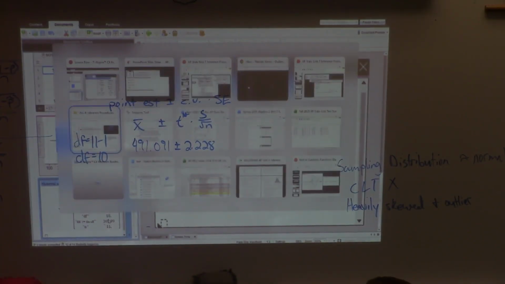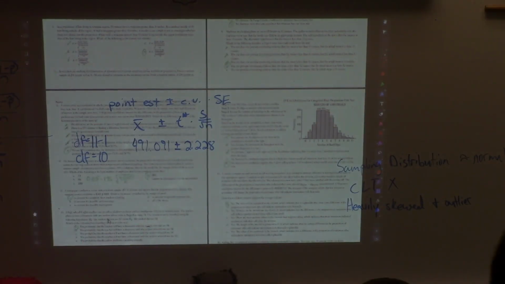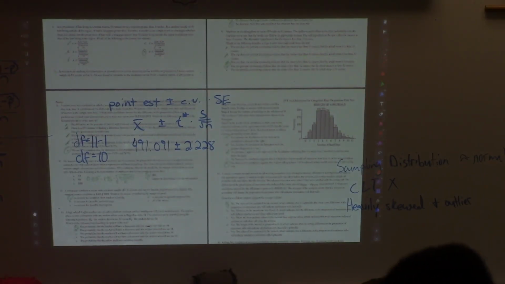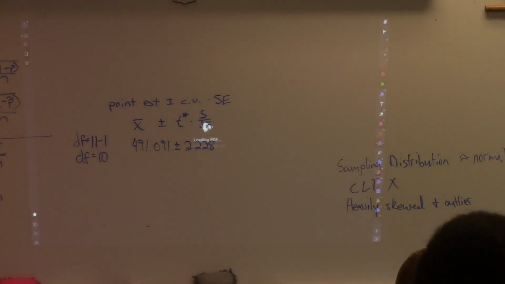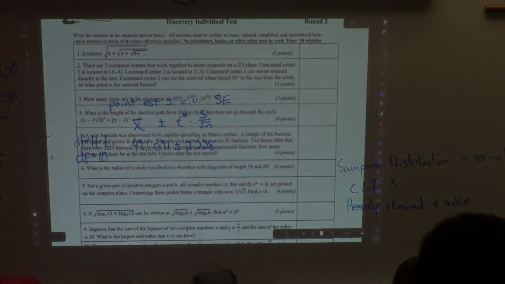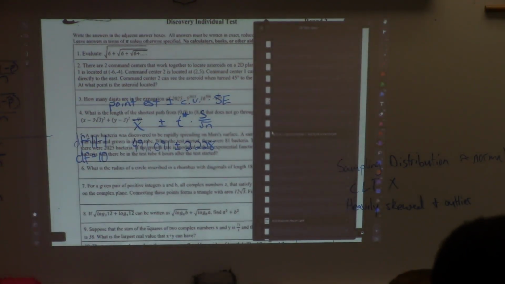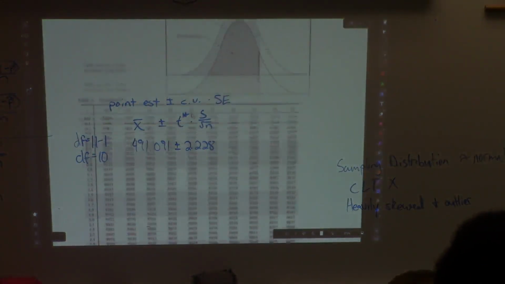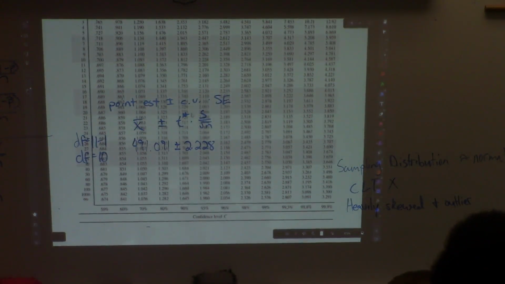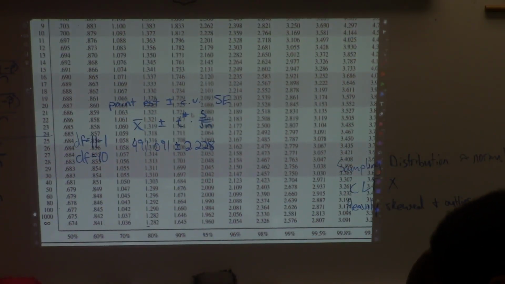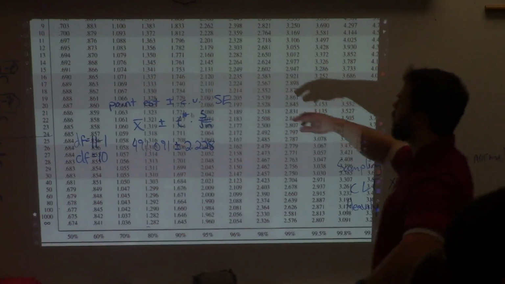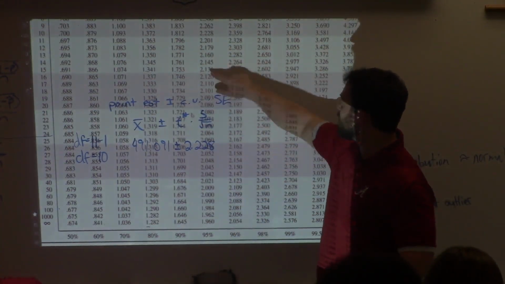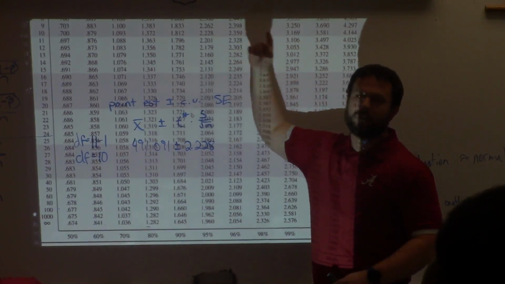So on the table here, 10 degrees of freedom, 95% confidence level, there's my critical value, right?